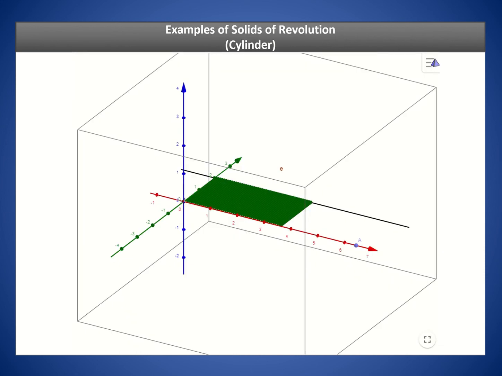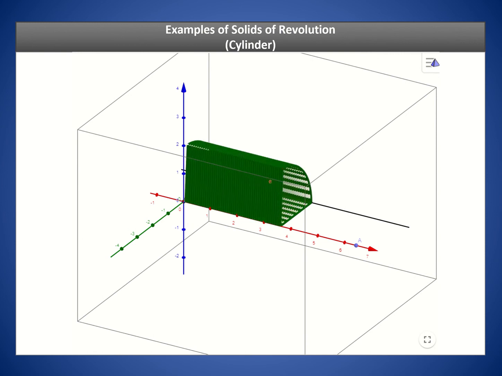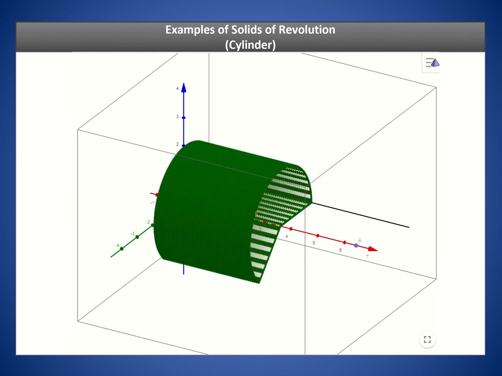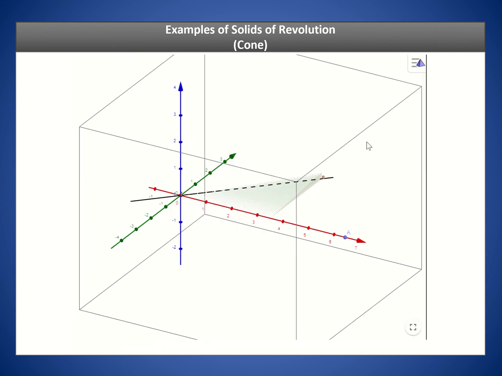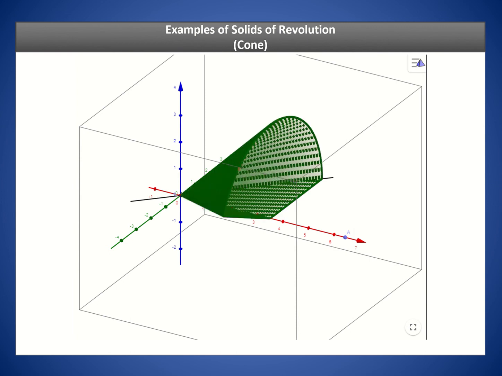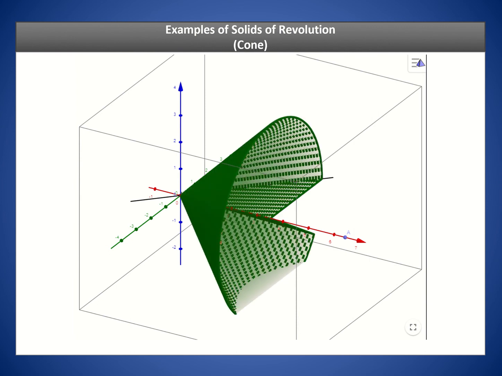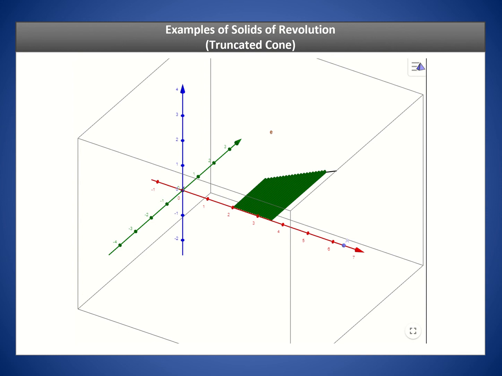So I'll show you some examples. If I rotate this rectangle, I get a cylinder. Rotate that around a full 360. There's an example of that. If I rotate a triangle, like I said earlier, that half triangle, I can rotate that and get a conical shape. And then if I do a trapezoid, I get a truncated cone.